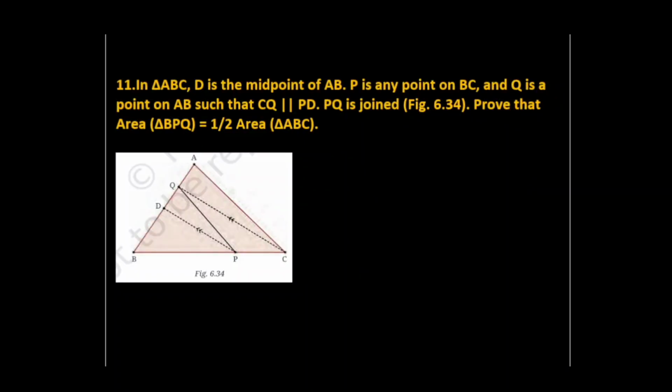11th question. In triangle ABC, D is the midpoint of AB. P is any point on BC and Q is a point on AB such that CQ is parallel to PD. PQ is joined. Prove that area of PBQ is equal to half of area of ABC.